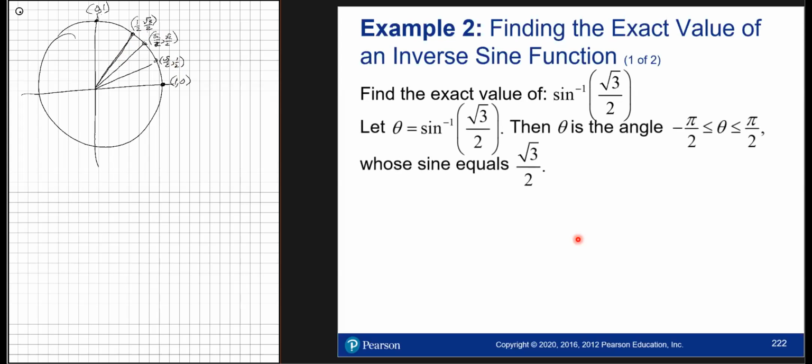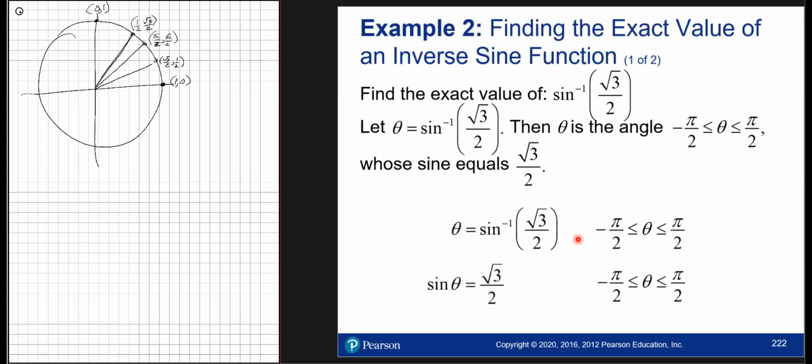Okay. The angle is going to be between negative pi over 2 and positive pi over 2. Which angle in that range equals square root of 3 over 2. And so they set it up the same way they did before.